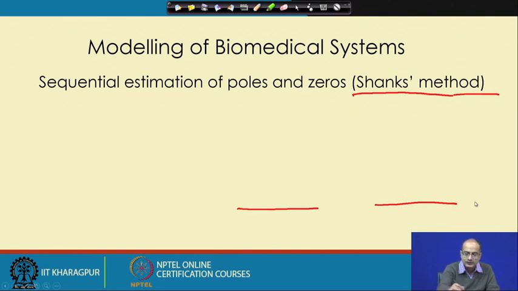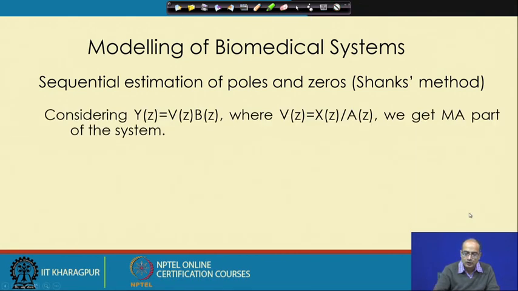So, here what we do is compare y(z), or rather what we are doing, we are decoupling the two parts in the ARMA process: one part is the MA part and one part is the AR part.